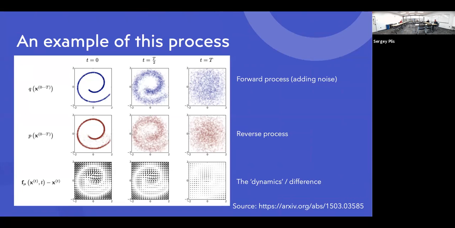And that subtraction is shown below. So it's going to recursively predict the noise and subtract that from the data point. And when you do that T times, you kind of go back to the original data.